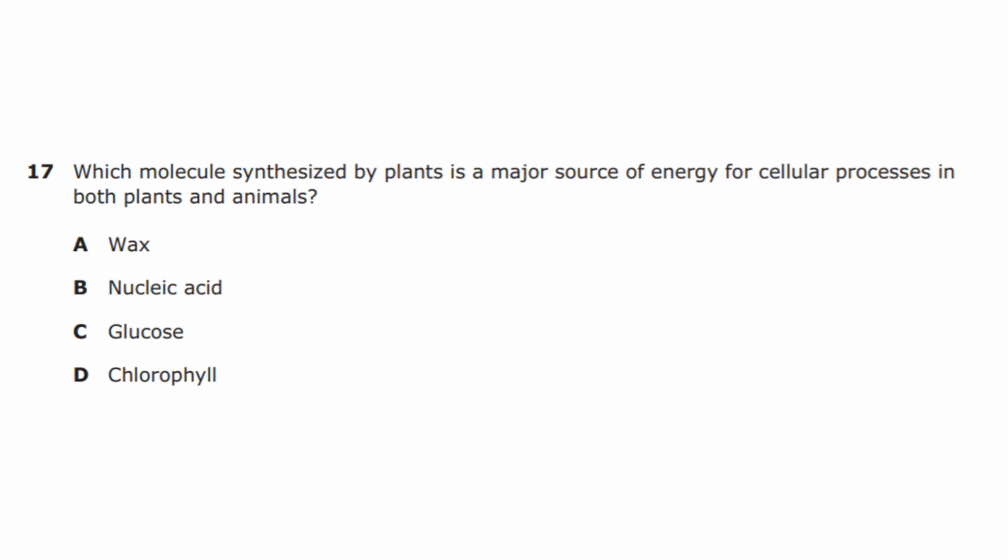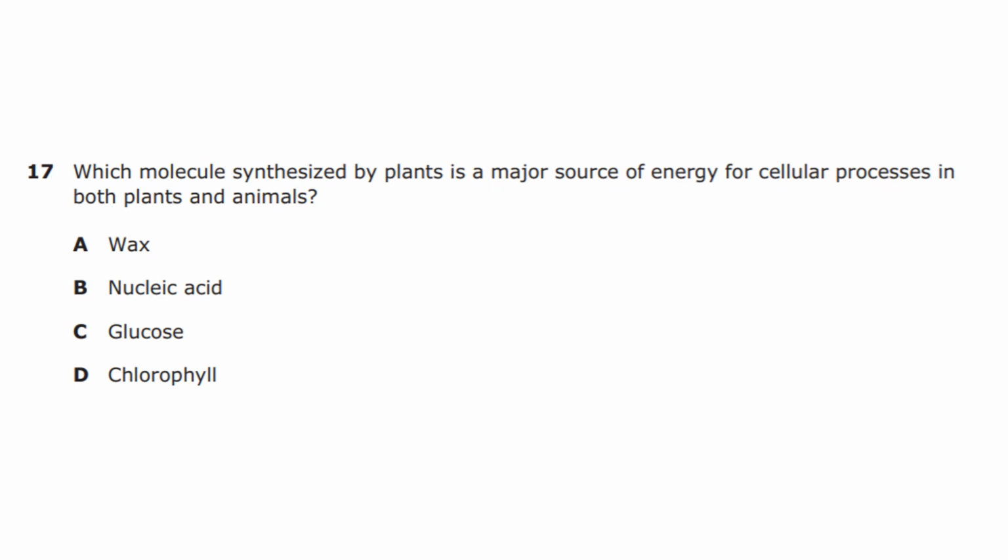Which molecule synthesized by plants is a major source of energy for cellular processes in both plants and animals? So the major source of energy for cellular processes that comes from photosynthesis is a sugar. And when we're looking for a sugar, because that's what all plants and all animals use for energy, you want to look for something that ends in OSE.